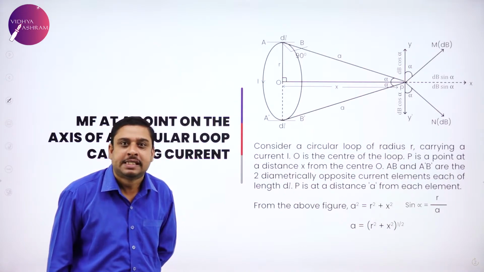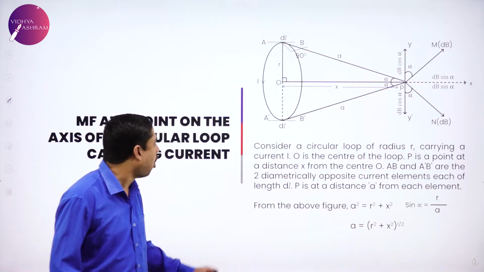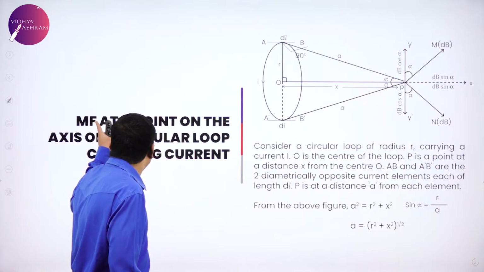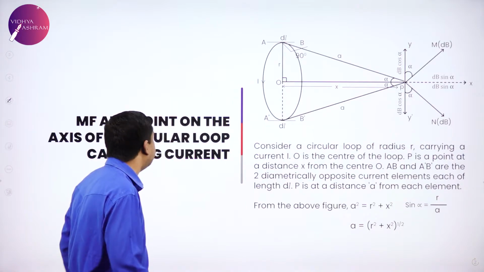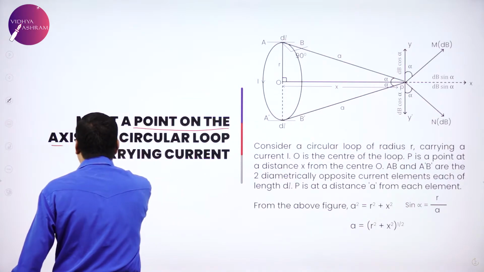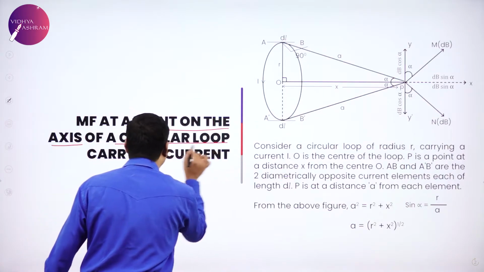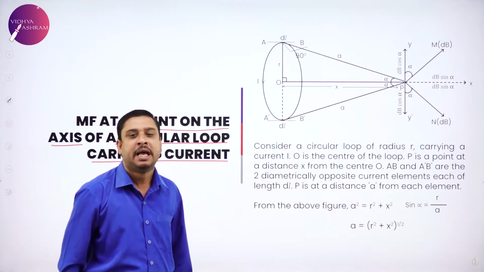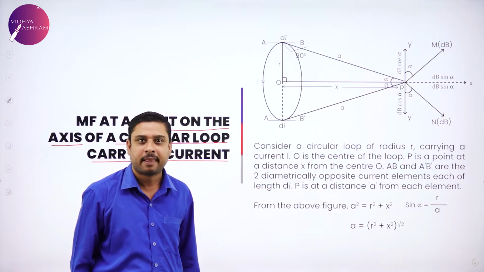I will use Laplace's law to derive an expression for magnetic field at a point on the axis of a circular loop carrying current.